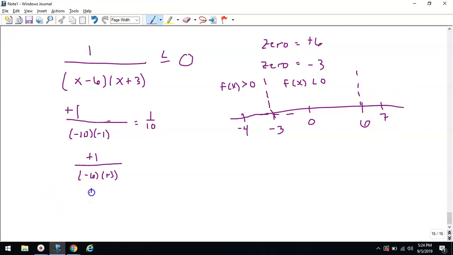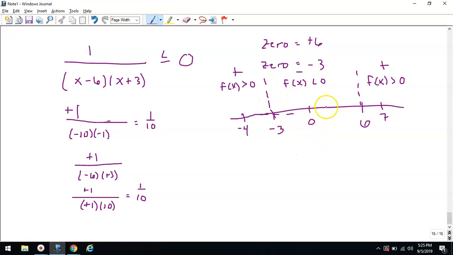And that's going to give us a +1 over 7 minus 6 is positive 1, 7 plus 3 is 10. So that's going to be positive 1/10. Cool. So here, this is not going to work for us because this is also going to be greater than 0. So we're going to have positive here, negative here, but the negative is what we want.